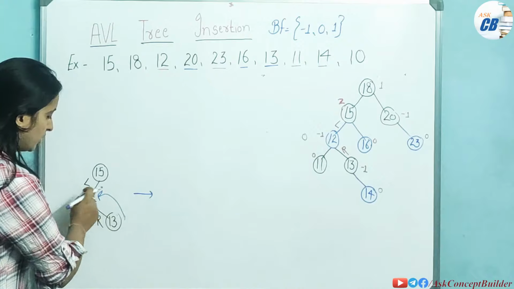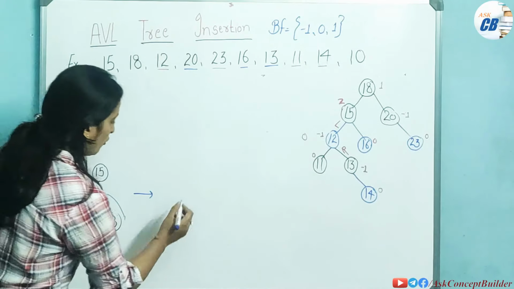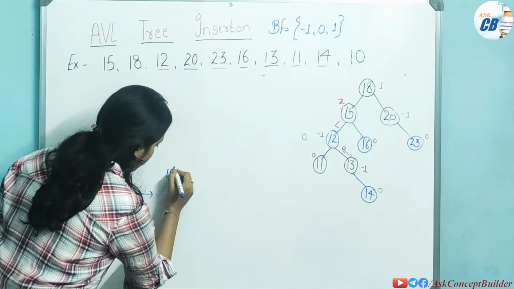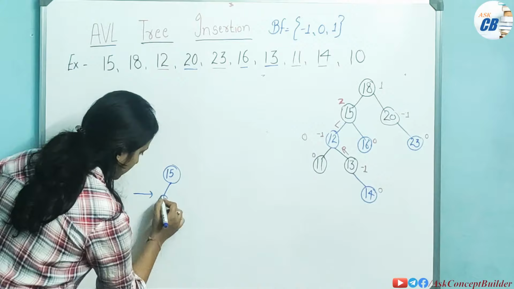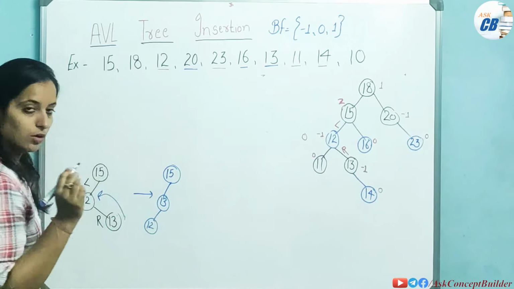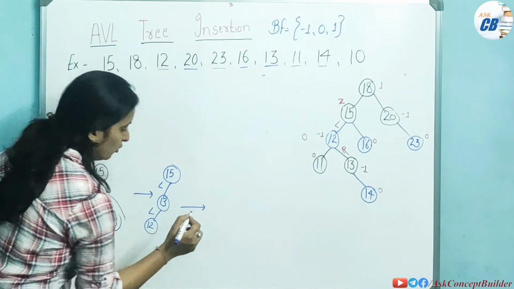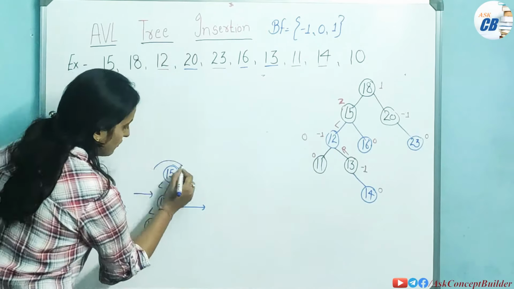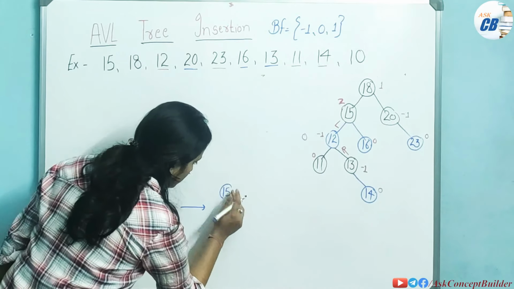When we rotate it to the left, 13 will go above and 12 will come down. So how will your tree be? This will be 15, 13 will go above, so it will come here, and 12 will come down. Now this has become an LL problem. Now for an LL problem, what will you do? You will perform a right rotation. So when you perform a right rotation, how will your nodes be?